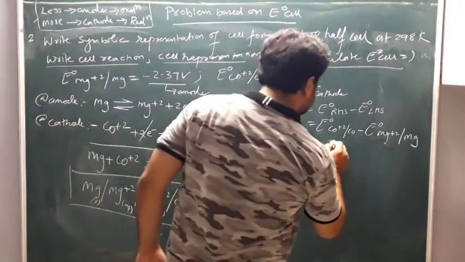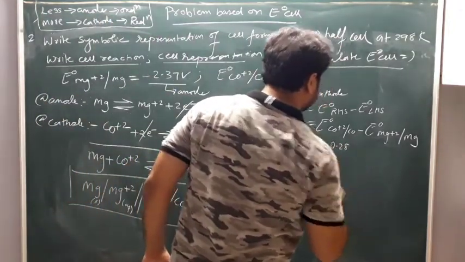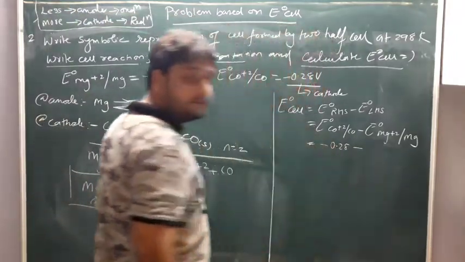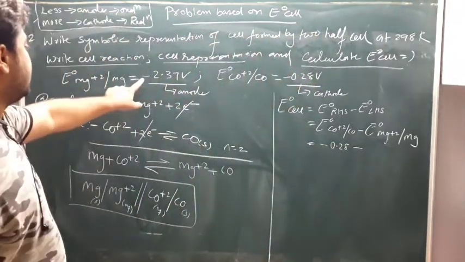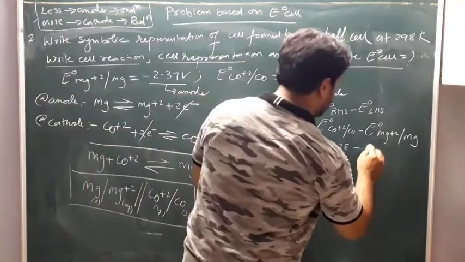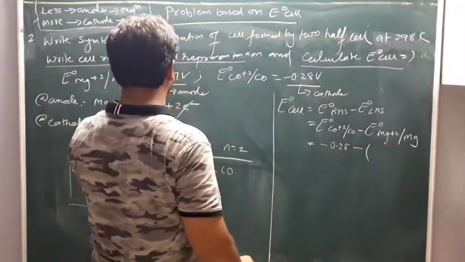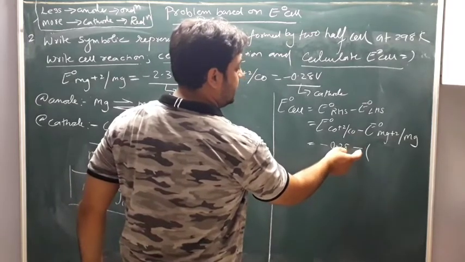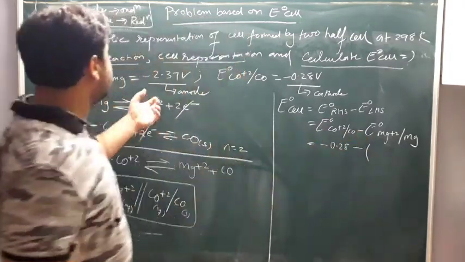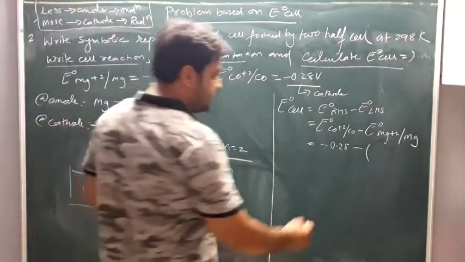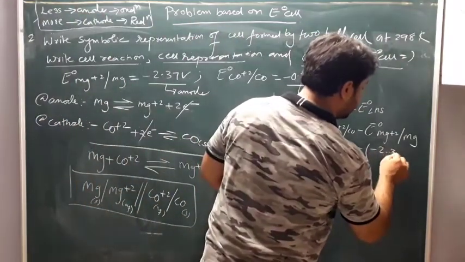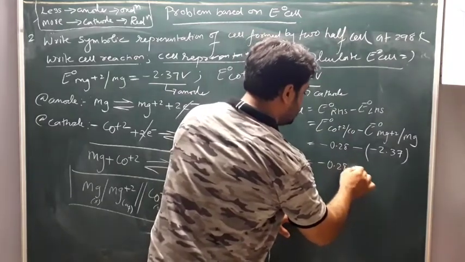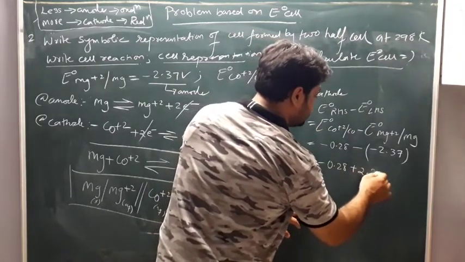That is minus 0.28. Clear? This minus is from the formula itself. What is the value for magnesium? Minus 2.37. So minus means bracket will come, and the magnesium value is minus 2.37. This minus is from the formula, but the value itself of magnesium is minus 2.37. So minus 0.28 plus 2.37.